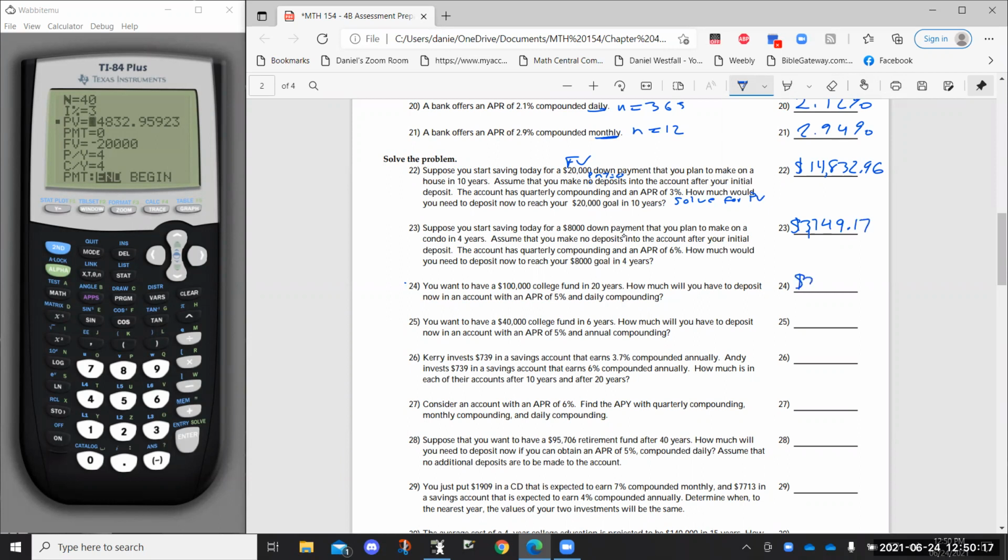So assuming that you're allowed to just punch things into your calculator here, then I'm going to go ahead and give you these answers. And all of these were kind of the same thing that I just showed you.